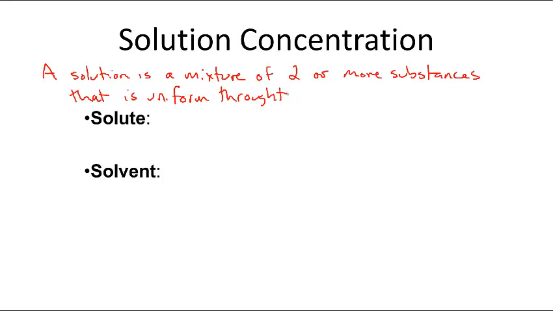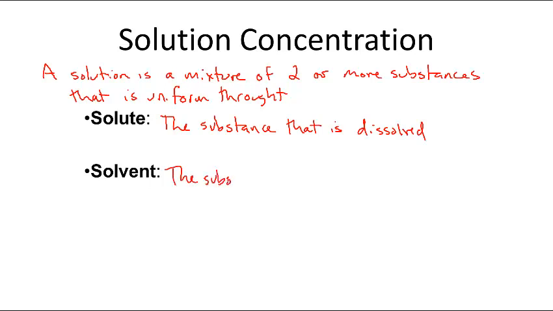To understand this, we need to know what the solute and solvent mean. Solute is the substance that is dissolved. And the solvent is the substance that does the dissolving.